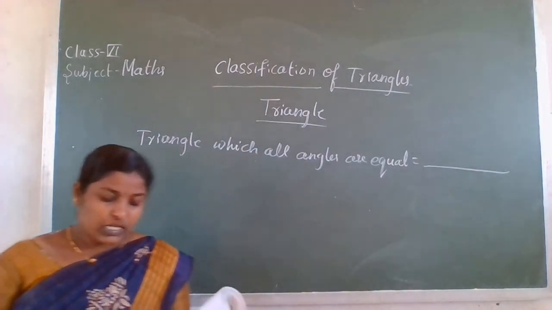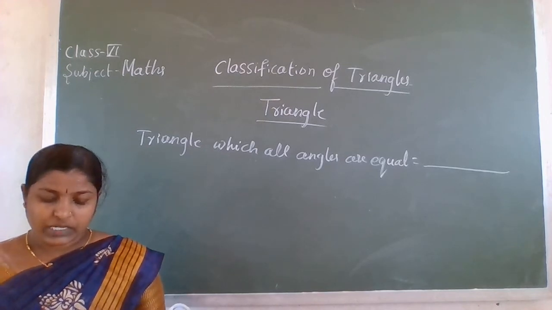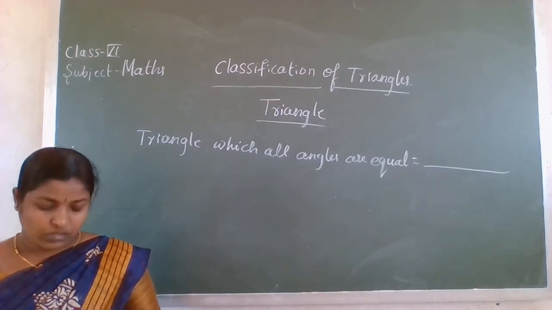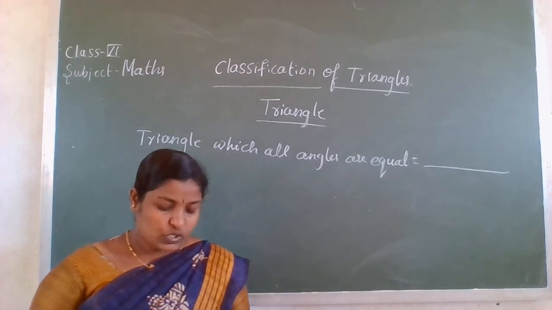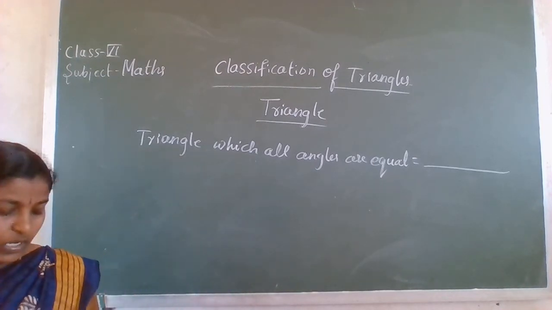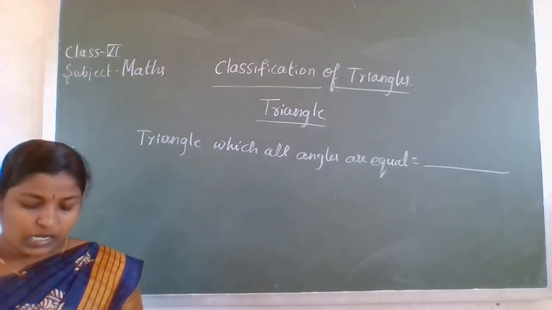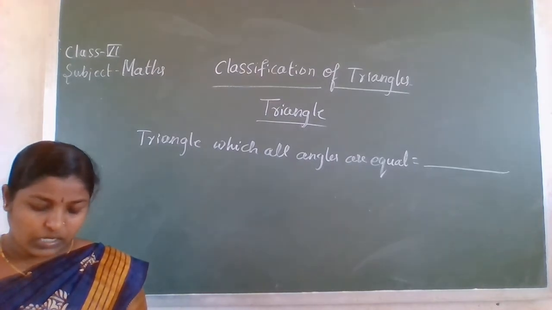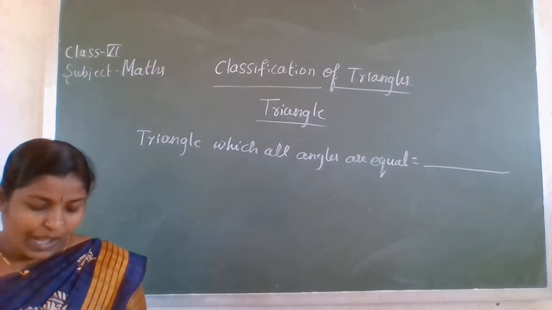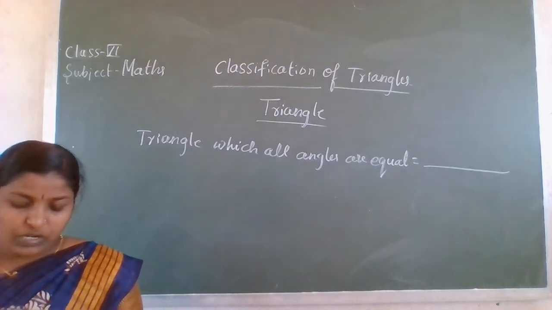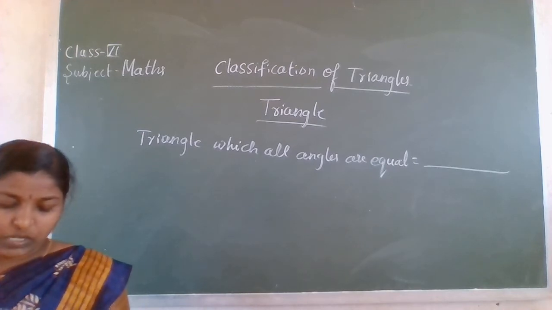If all the angles in the triangle are equal, then its sides are also equal. Triangles in which all 3 sides are equal, then its angles are equal. A triangle which has 2 equal angles and 2 equal sides.